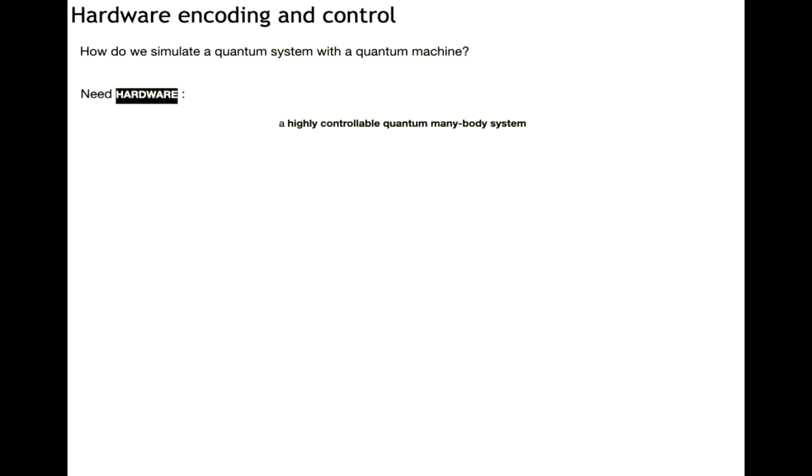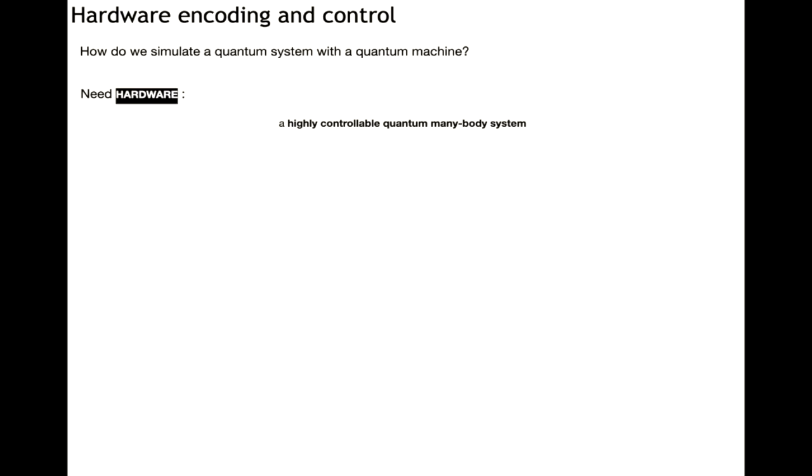Basically what we need is a highly controllable quantum many-body system where we can access, control, manipulate, observe individual quantum particles, which operate in a way that is not disturbed or destroyed by, for example, environmental processes, right? Okay, so we need this kind of machine or hardware, right?